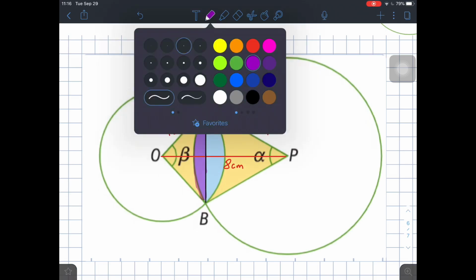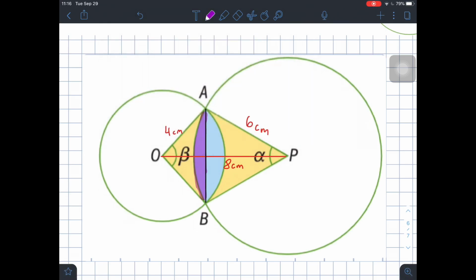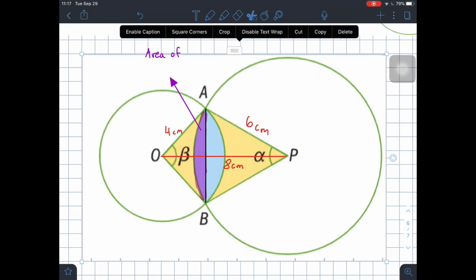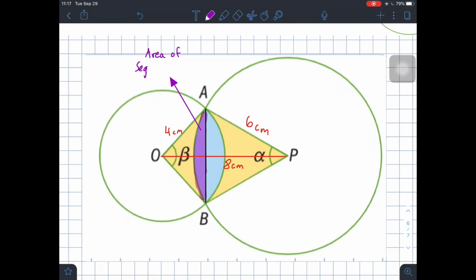I'm going to find the area of segment number 2.